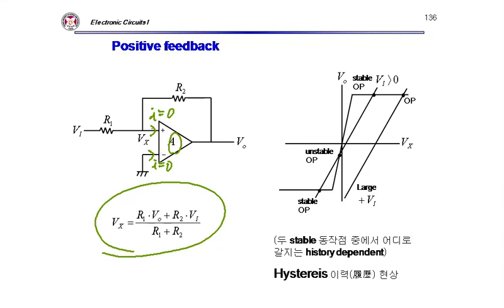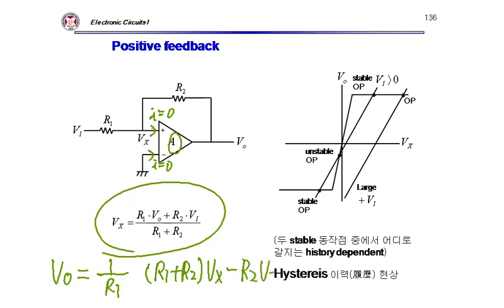Then what's my VO? So my VO equals R1 plus R2 over R1 Vx minus R2 Vi, right? So I will plot again the VO versus Vx curve here, depending on Vi.